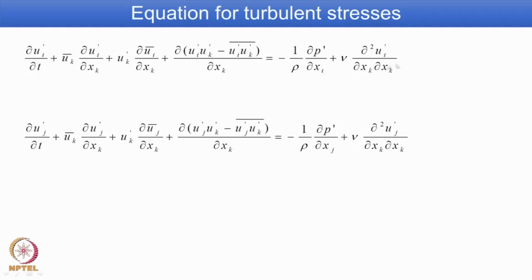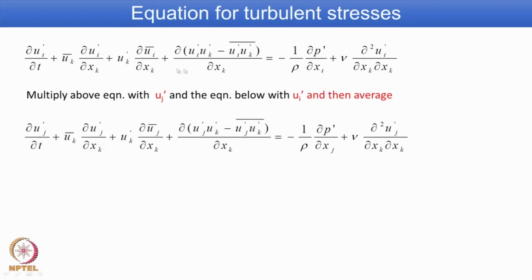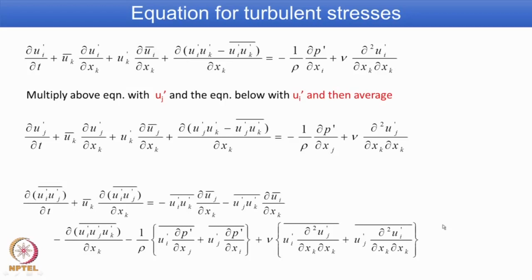In other words, we have one equation for one fluctuation, and another equation for the second fluctuation. So, if you multiply the above equation by u j prime and the second equation by u i prime, then take the average, for each term that operation is performed. Each term in this is multiplied by u j prime, then similarly in this each term is multiplied by u i prime, then you do the average, and finally get an expression as shown here. It is purely arithmetic and it is possible to obtain the final expression as shown here.